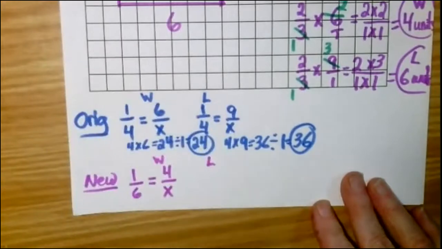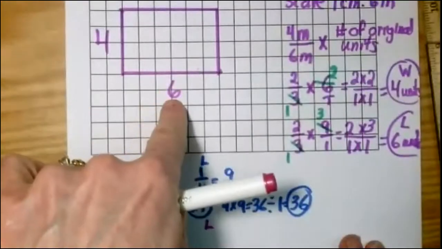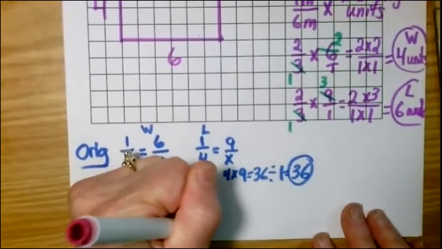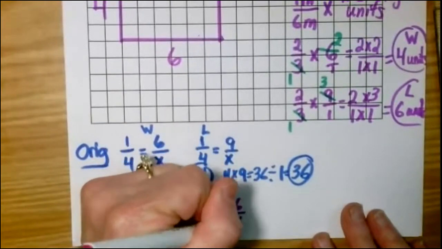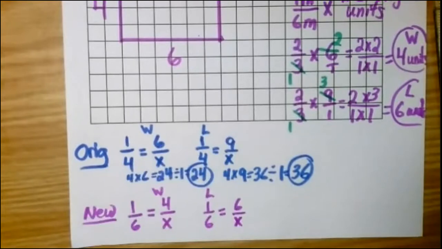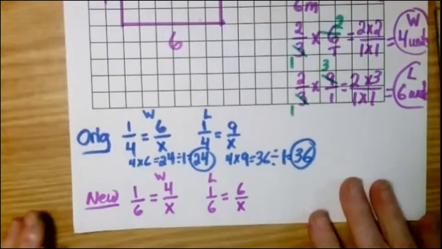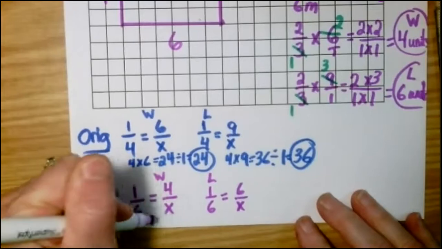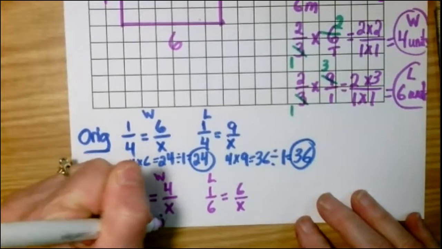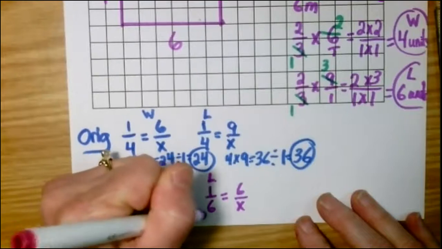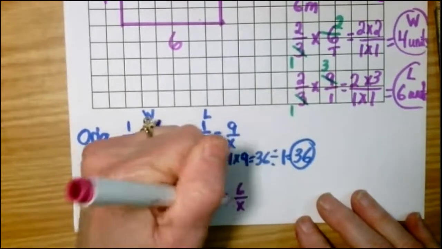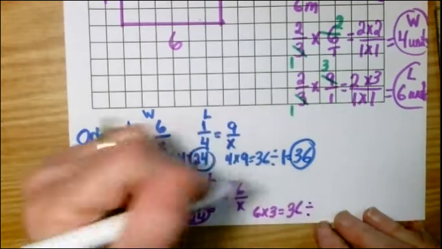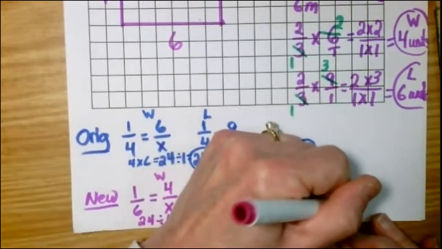Our length is going to be 6. So our new scale is 1 to 6 is equal to 6 over x. And we solve that. 4 times 6 is 24, divided by 1 is 24. The second one is 6 times 6 is 36, divided by 1 is 36.